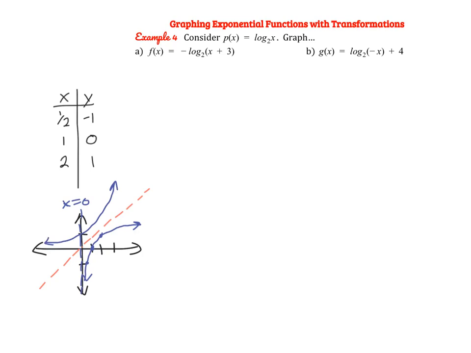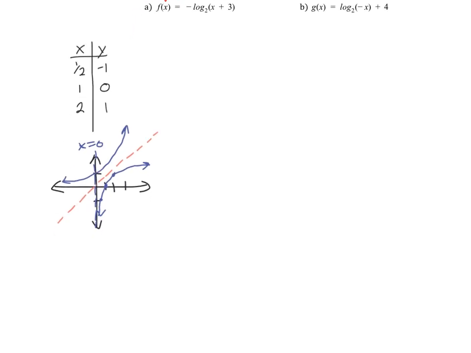Another thing you might notice is that if you took the coordinates from the function, I'll say big P of x equals 2 to the power of x, which is the inverse of what we're graphing, and you do -1, 0, 1: well, 2 to the power of negative 1 is 1/2, 2 to the power of 0 is 1, and 2 to the power of 1 is 2.